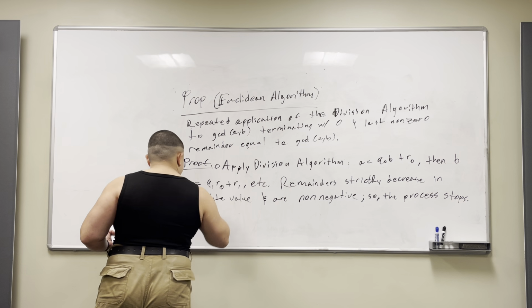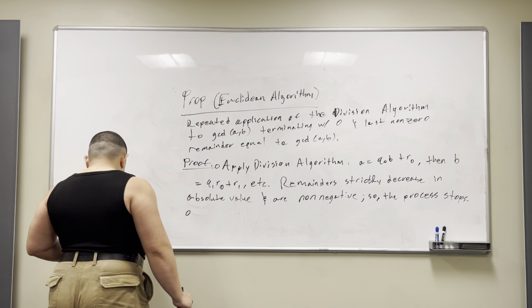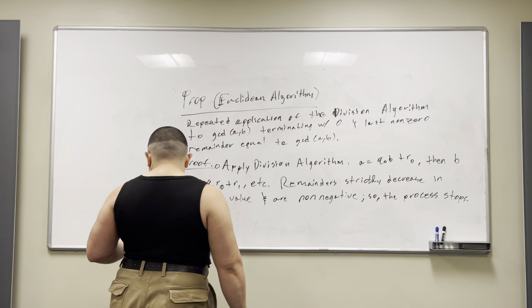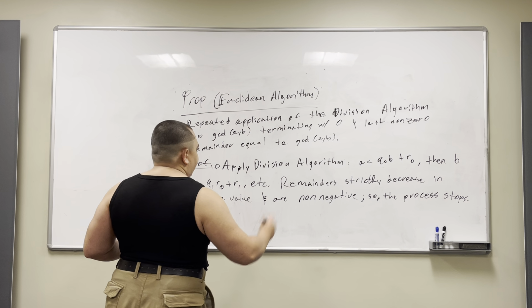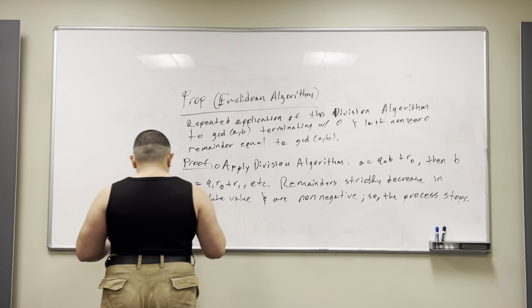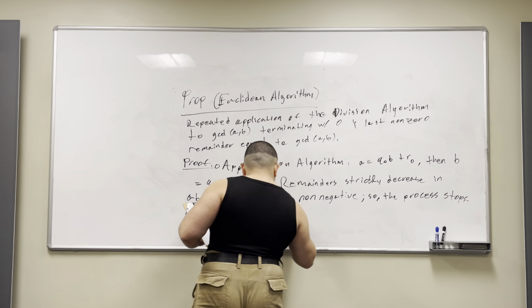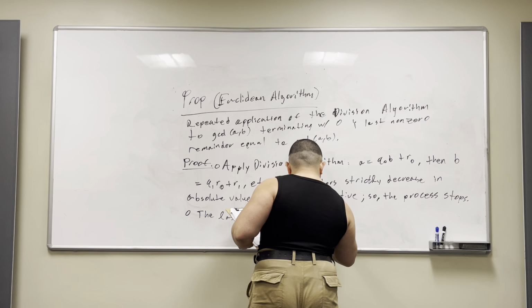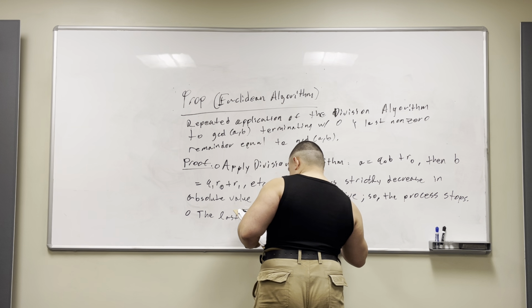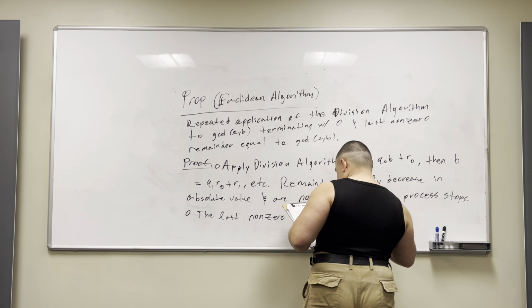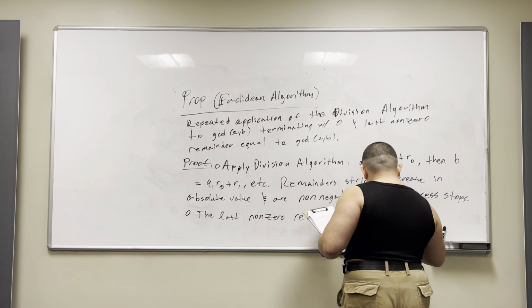Now, what about the manner in which it does terminate? What about what it gives us, right? The last non-zero remainder divides the previous two terms.